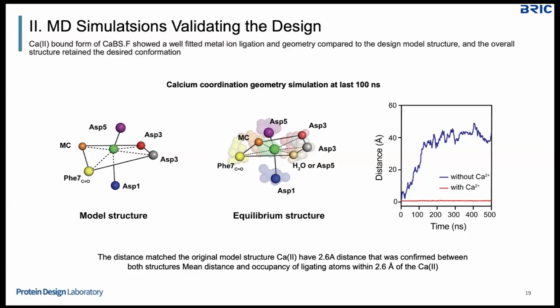So there was no issue in mimicking the calcium binding geometry in nature from calmodulin. This is a representation of the MD simulation videos I already showed you. The distances between each monomer were compared with and without calcium. You can see that without calcium, the distance was quite big between the two monomers. Yet when we introduced calcium, this distance was reduced and they got closer to each other.